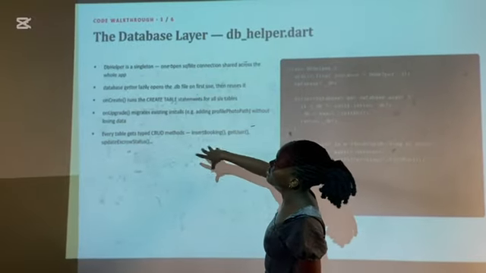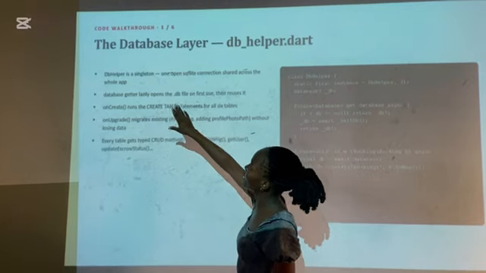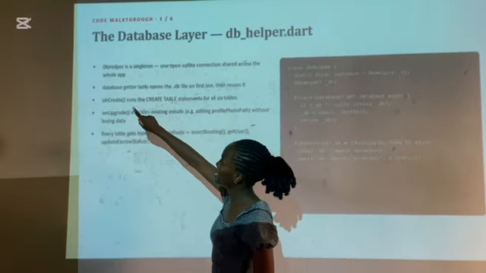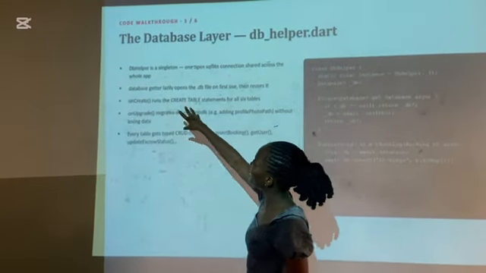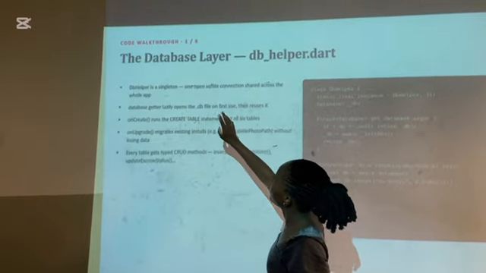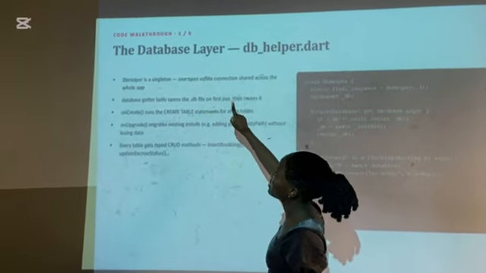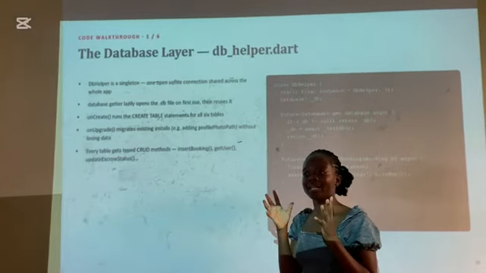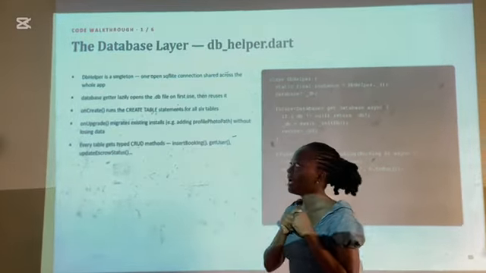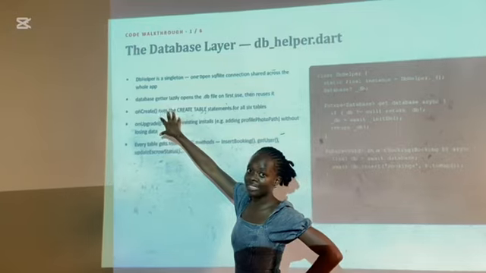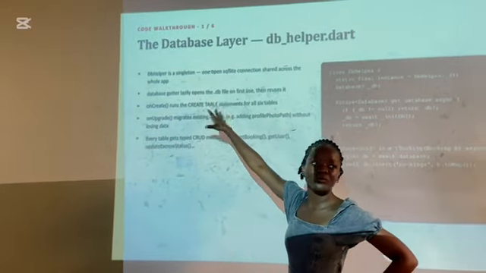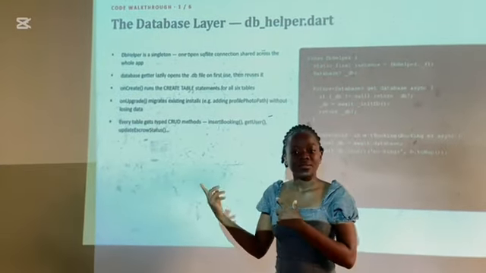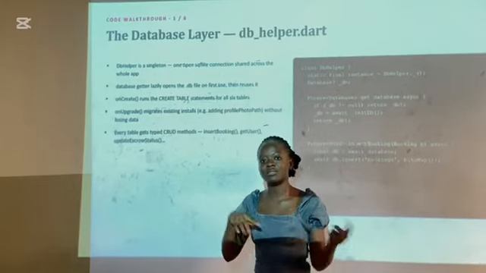Moving on, I'll talk about the database layer. The DB helper is an SQFlite-like library tool which connects the entire database of the app. Once a user launches the app, the database continues running until the user exits the app.